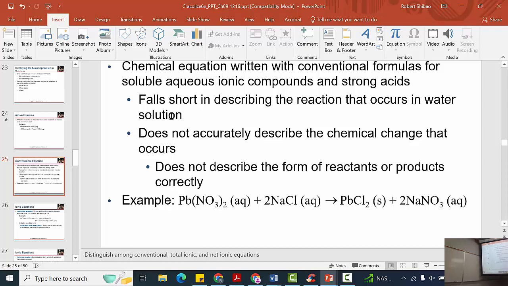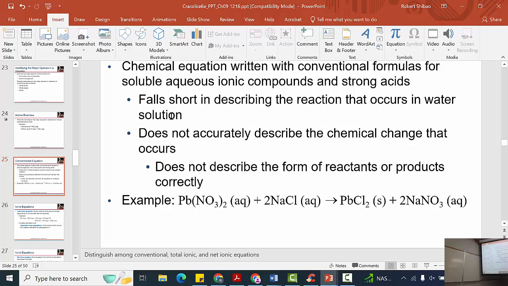Whereas if we combine lead with chloride: chlorides, bromides, and iodides are all soluble except for silver, lead, and mercury. So this is going to be insoluble. This is what we call a favorable ion combination. If lead comes across a chloride, it's going to form a stable lattice, and we're going to precipitate out lead(II) chloride. Sodium nitrate's not; all sodium salts are soluble, so this doesn't come together.